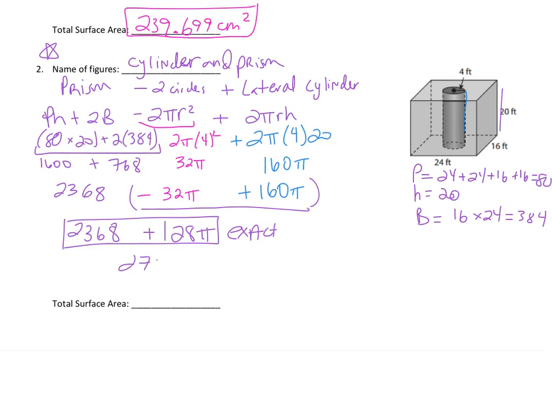Otherwise, if we add those together, we get 2,770.12386. So if we round it to the thousandths, that would be 2,770.124. And this would still be feet squared. And now if we wanted the exact, you would also have to keep your feet squared in there as well.